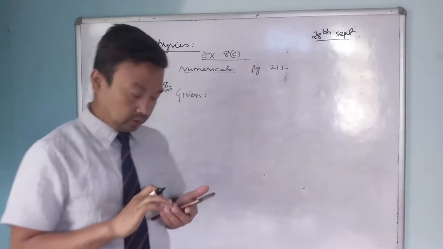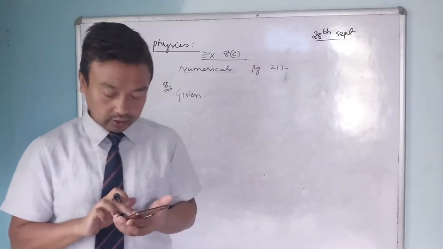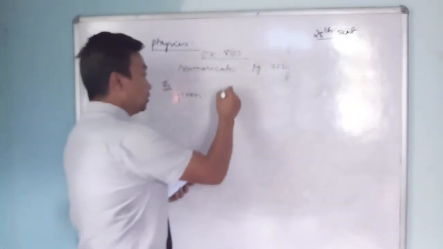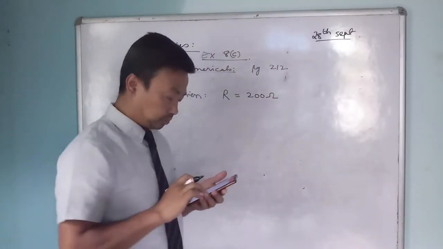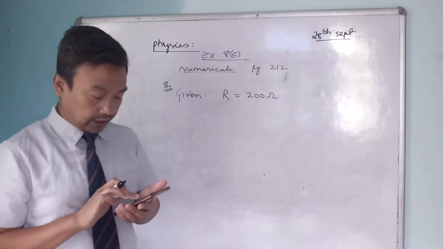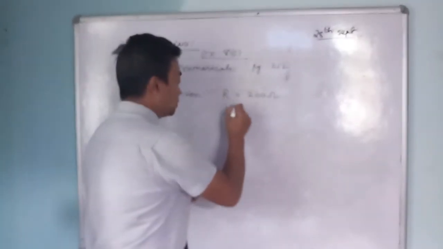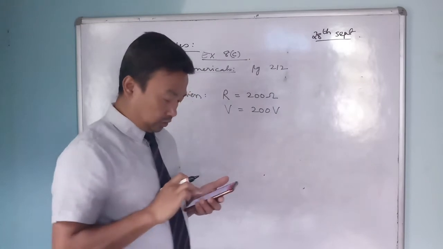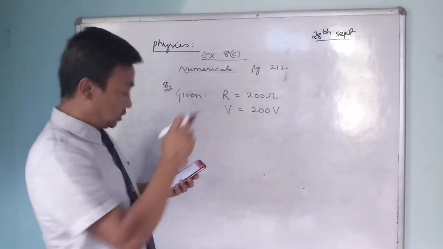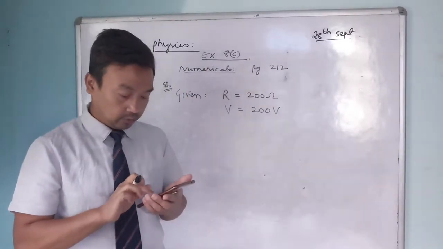An electrical appliance having a resistance of 200 ohm is operated at 200 volt. So potential difference is, I think both the resistance and the voltage are the same. Yes.